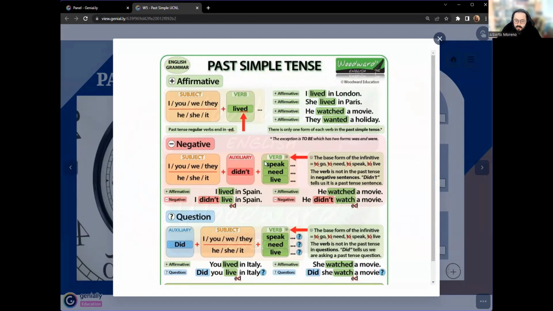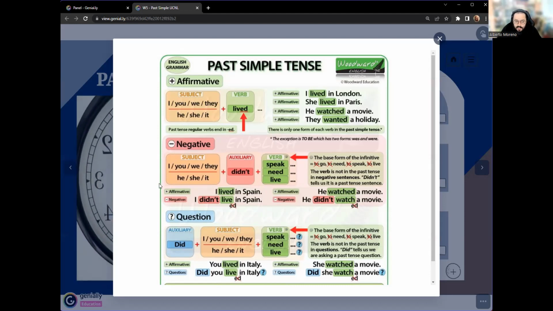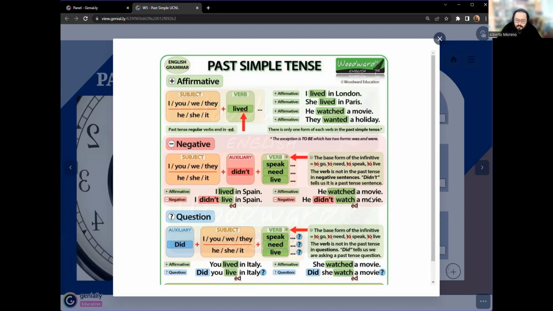We have to add the auxiliary did not, or didn't. And we have to add the verb in the base form. Okay? So the affirmative sentence, for instance, we have in here, I lived in Spain. If we want to say the same but in negative, we have to say, I didn't live in Spain. He watched a movie. He didn't watch a movie.